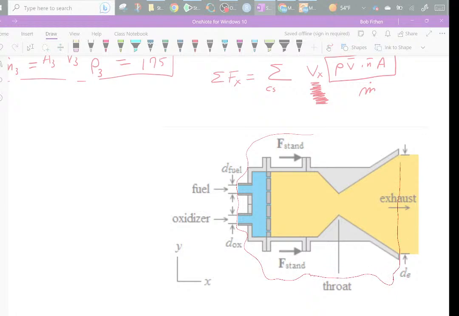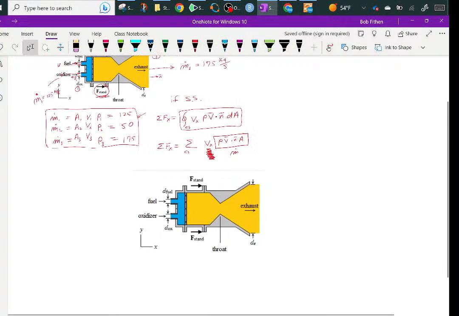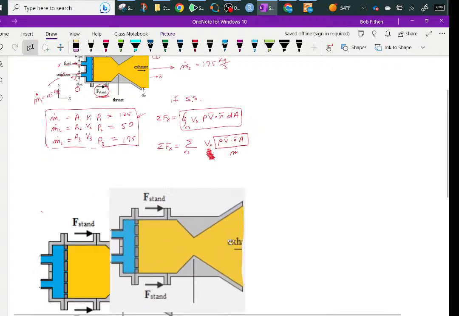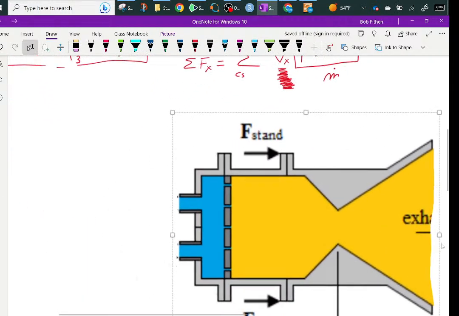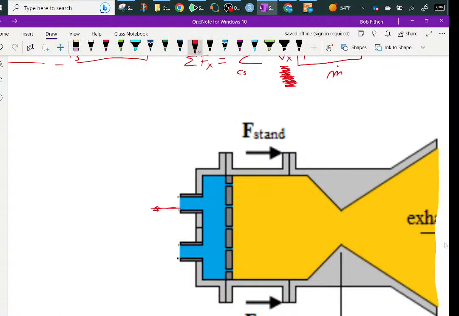So I'll say this is my control surface, control volume. I'm going to put it right here, and I'm going to get rid of that picture. The reason I'm doing that is that now I can pay very close attention to the normals and the velocity.